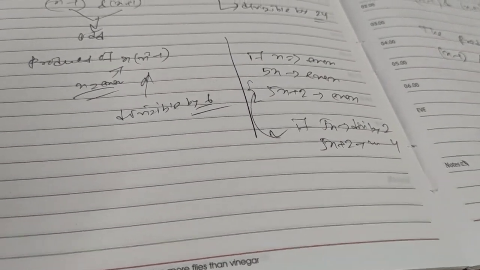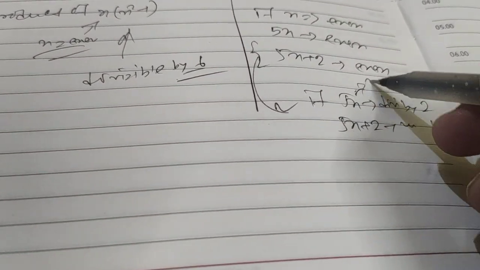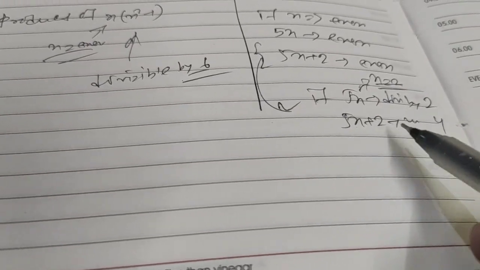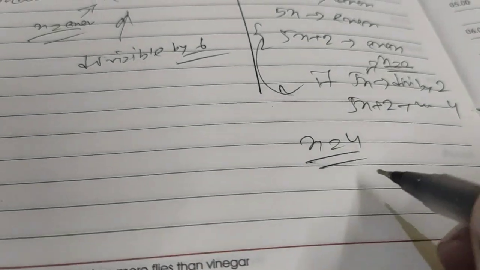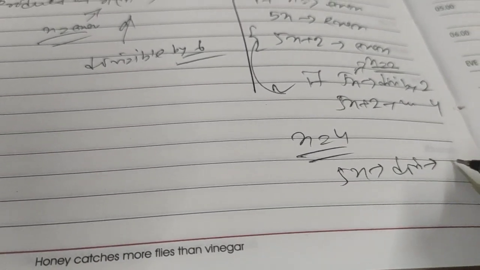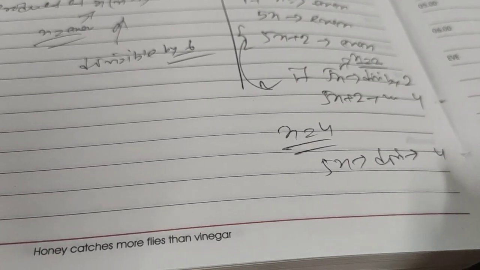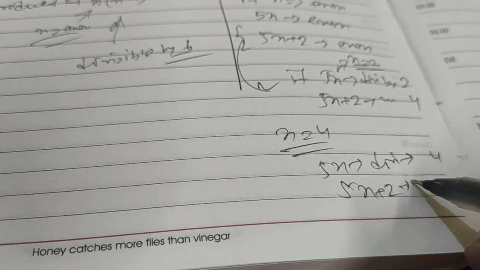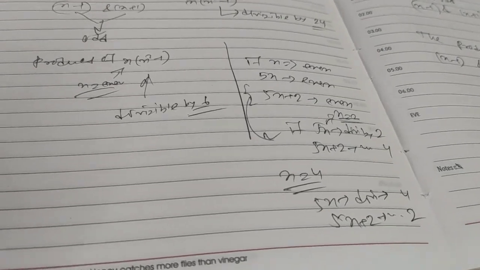It is possible when n is 2. When n is 2, then 5n is divisible by 2 and 5n + 2 is divisible by 4. And if n equals 4, then 5n is divisible by 4 and 5n + 2 is divisible by 2, clear?